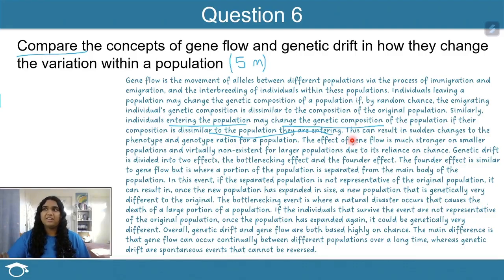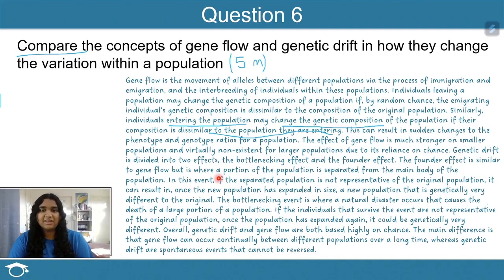But this time round, instead of a population willingly parting from its original population, a small portion of the population is separated from the main body of the population by a separate event. So there is some kind of natural disaster, or some kind of stimulus that splits off a population into a very small surviving group and a larger main population.